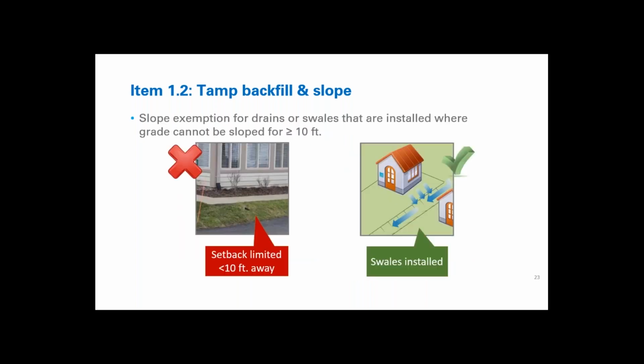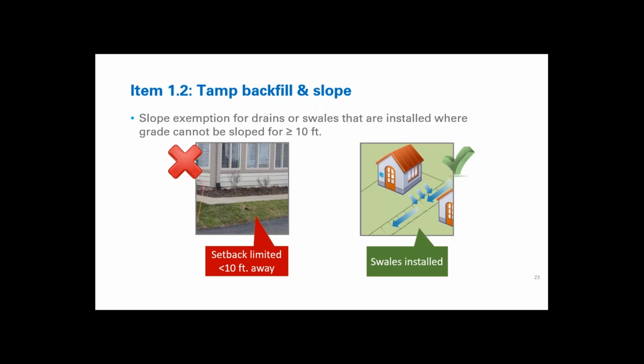The other exception to be aware of applies to homes with space constraints. Remember that this item requires the slope to continue for at least 10 feet away from the home. Some homes may have space constraints, like small lots where they don't have 10 feet on the side of them.